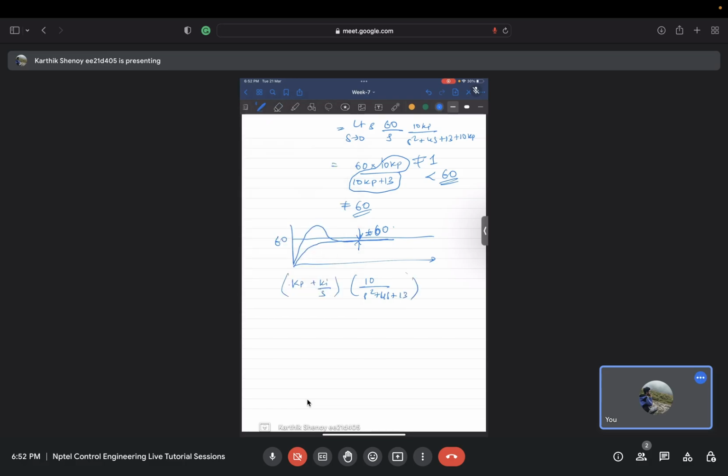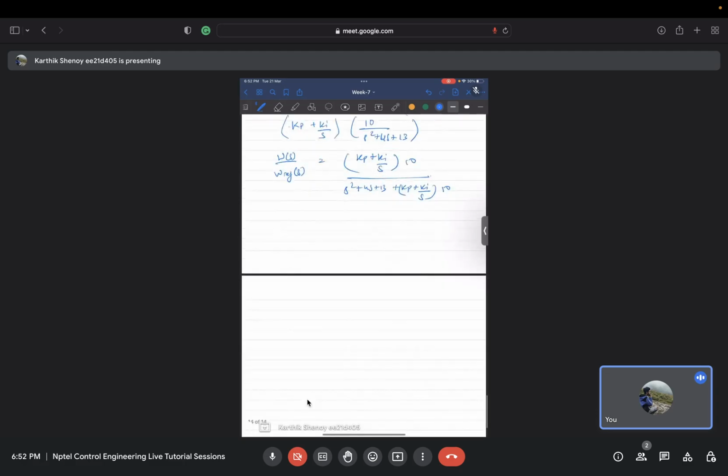And what will be my closed loop transfer function? Omega of s by omega reference of s will be equal to kp plus ki by s into 10 divided by s square plus 4s plus 13 plus kp plus ki by s into 10, correct?